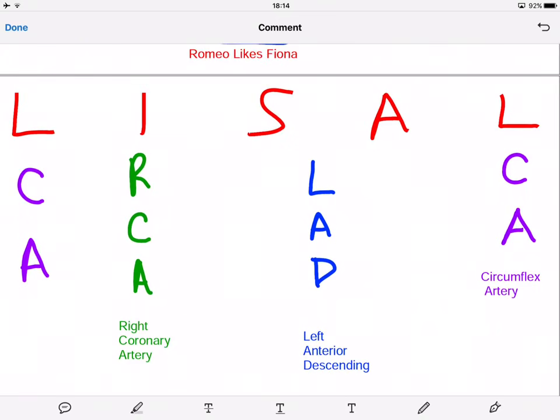And then on to the next bit. So I like to write down Lysol. These two are grouped, so these two represent the same coronary artery, if you like.